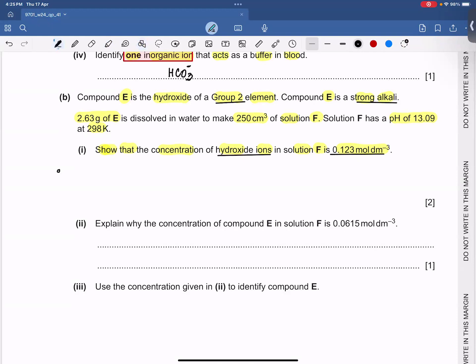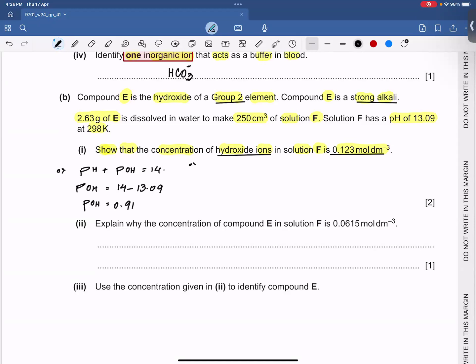So we have the pH value. So pH plus pOH equals 14. From here, I can find the value of pOH, which is 14 minus 13.09. So the pOH is basically 14 minus 13.09, which is going to be 0.91.